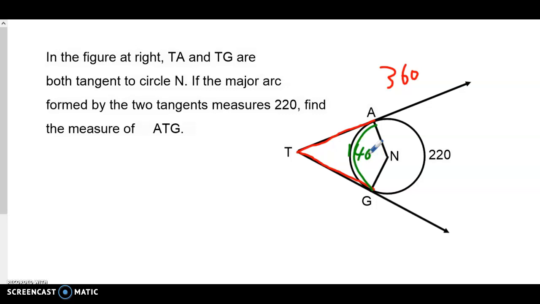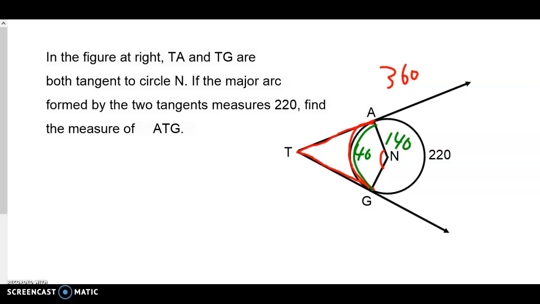If this is 140, we have a conjecture that the central angle, the angle N, will be the same as the minor arc it faces. So this angle N will be 140 as well.